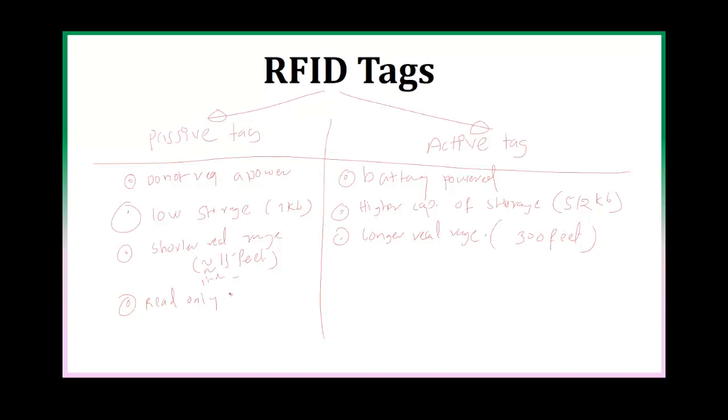Once you write, they could be read many times. Otherwise, read only tags are this. Okay, so one write. But here it's actually an advantage: it can be rewritten using an interrogator.